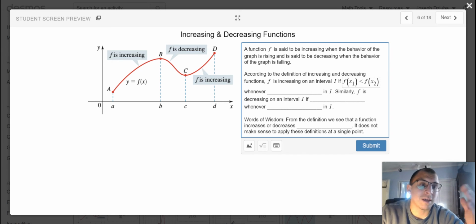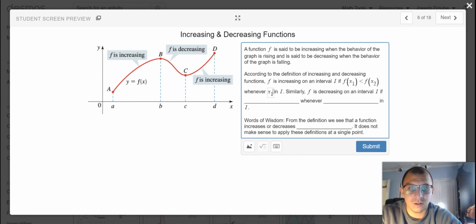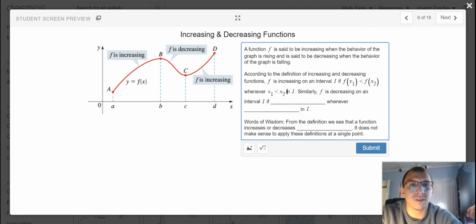If the second point is greater than the previous point, then for whatever x sub 1 less than x sub 2 in I, if we have two points in succession, let's take a and b, and we see that f of a is less than f of b, then we can say that the function is increasing.